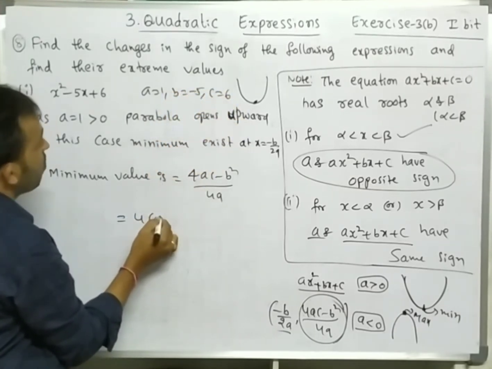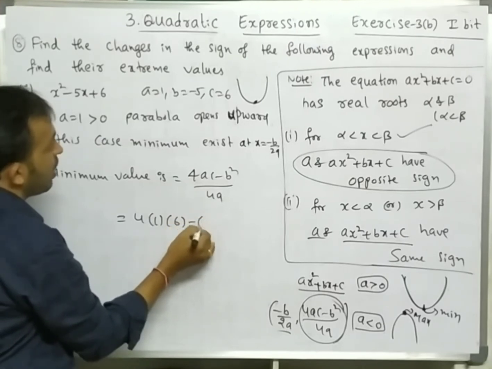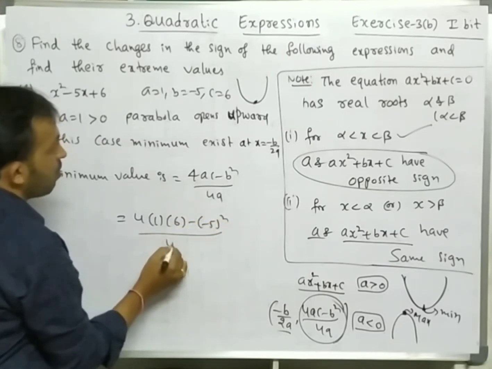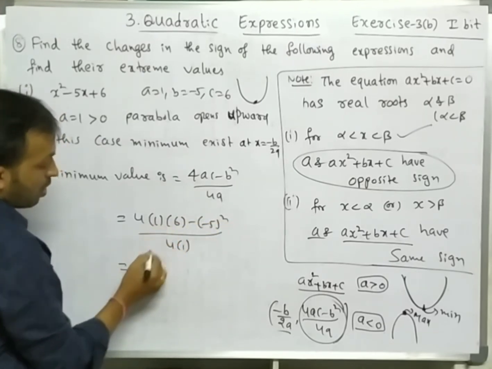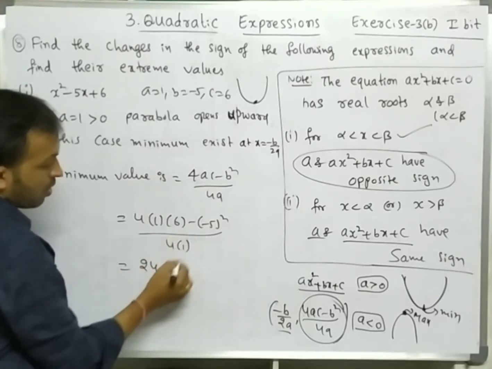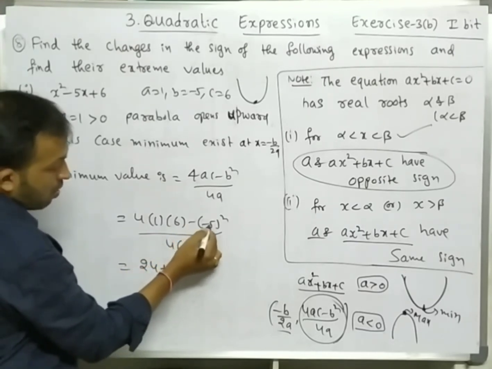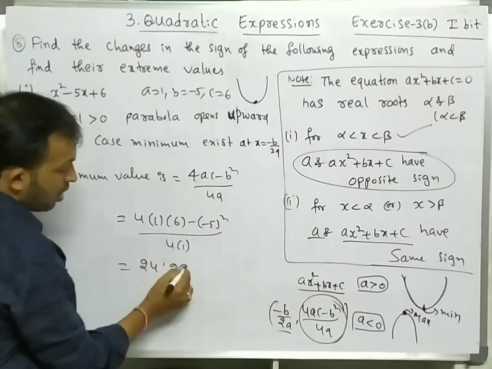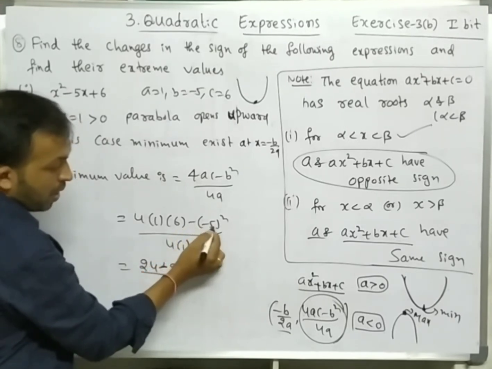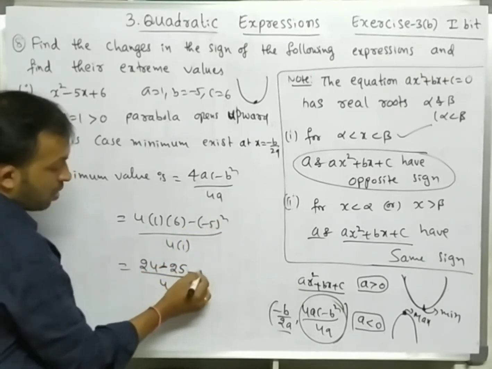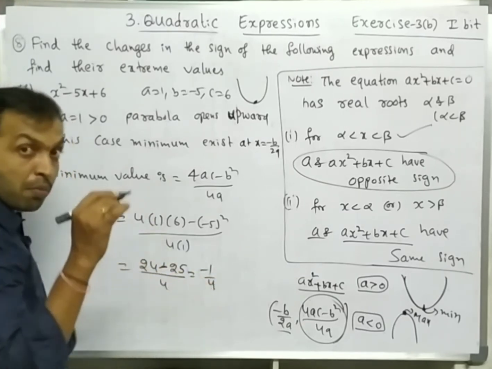So 4 into 1 into 6 minus 5 whole square by 4 into 1. 4 sixes are 24, minus 25, that is minus 1 by 4. That is the minimum value.